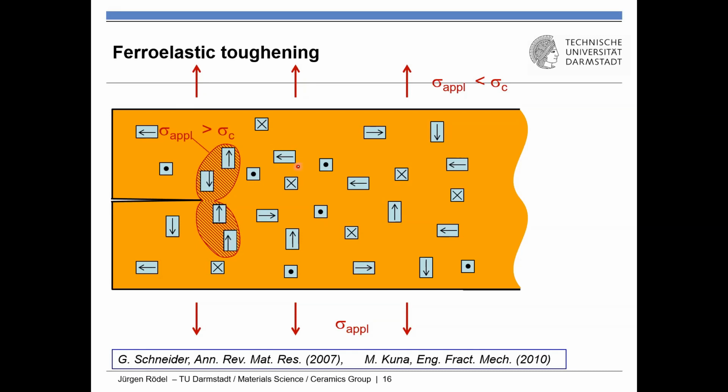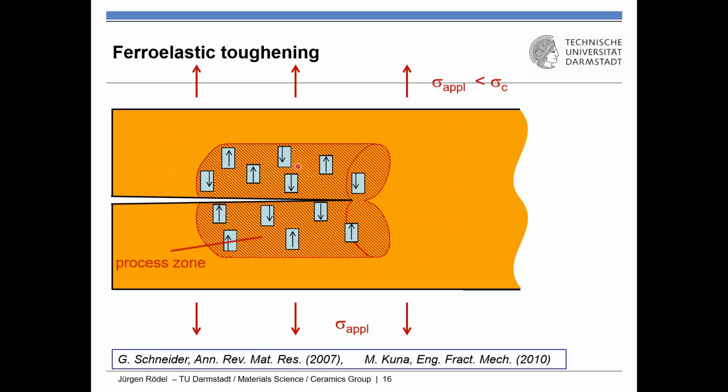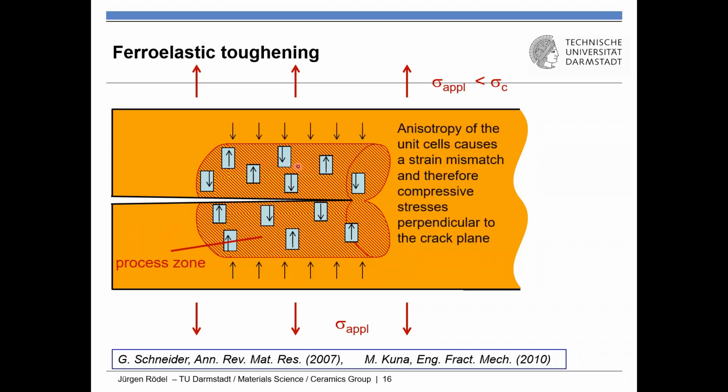Then there's the stress field. So they're switching in the stress field. And then we get a process zone. And this process zone is additional volume in the direction of the tensile stress and puts compressive stresses perpendicular to the crack plane and causes ferroelastic toughening.